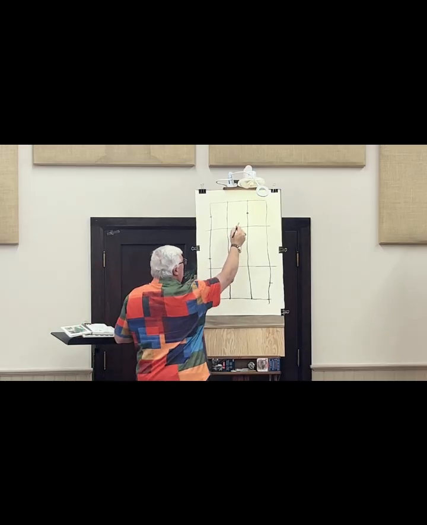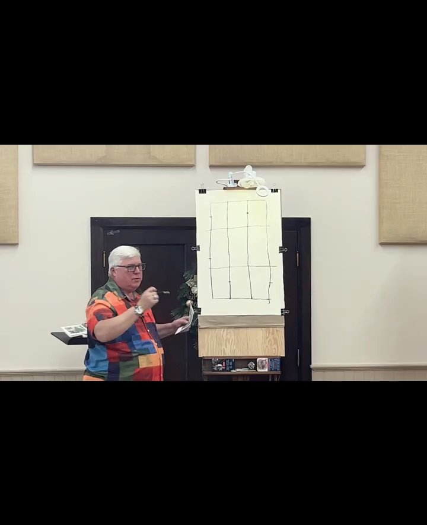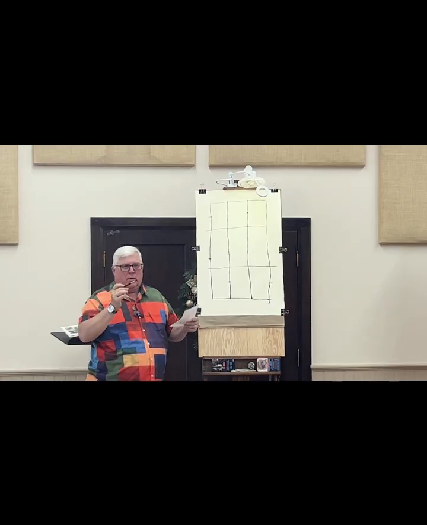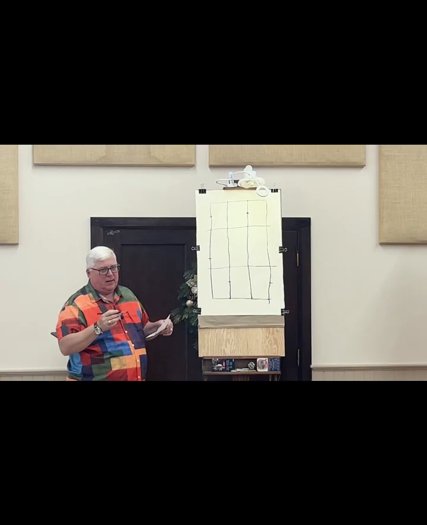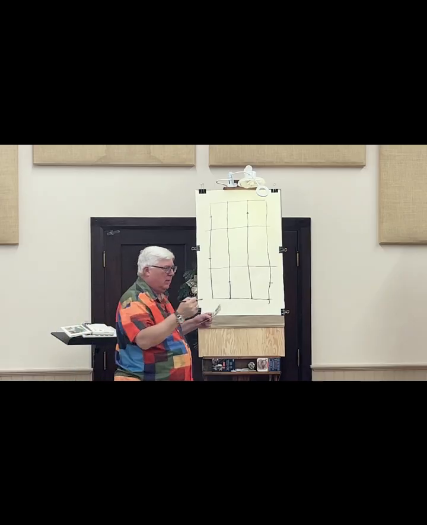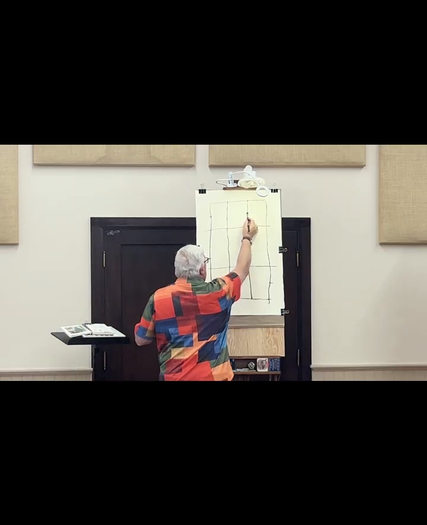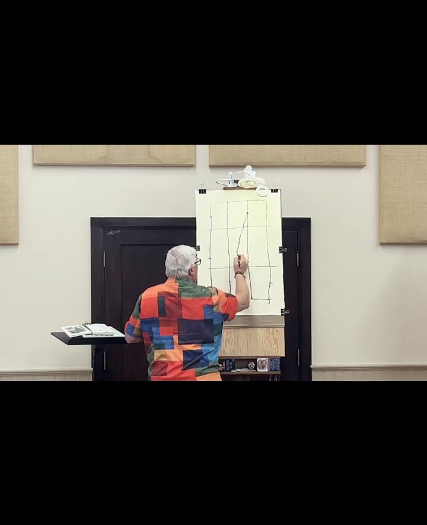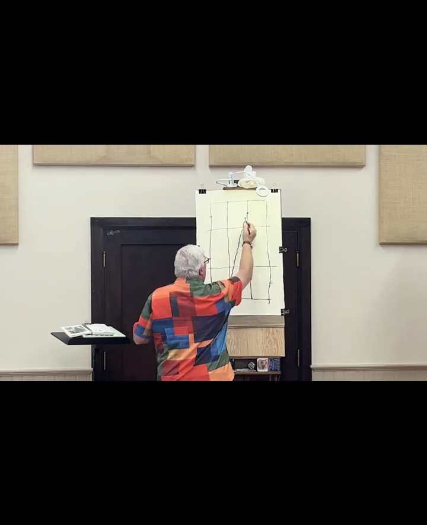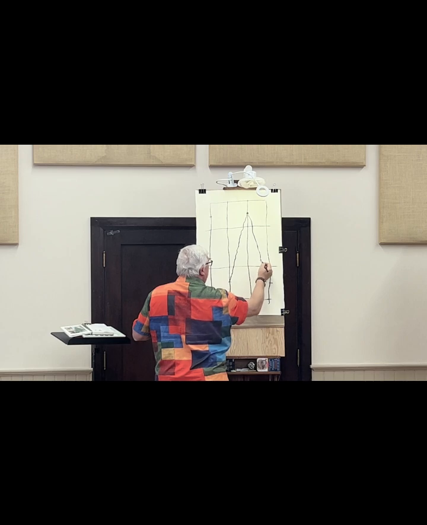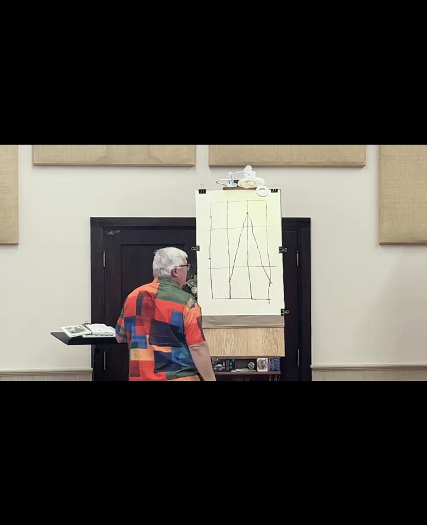So we're going to make that triangle. Now, as we're drawing this triangle, don't worry about making it a straight line. In fact, try not to make it a straight line. Try to make it bumpy and wavy, because that's going to be the outline of the tree. And remember, you're aiming for those spots.